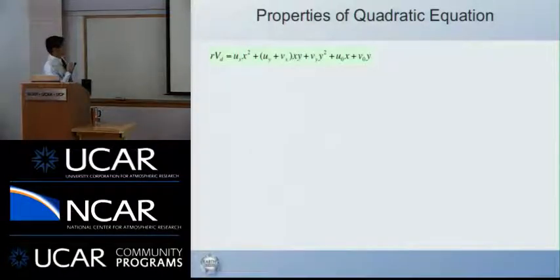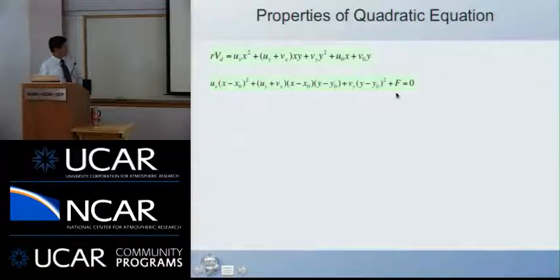Okay, let's look at the quadratic equation a little bit more. So R times Vd is in this form, and we can write it as this. So we merge the u naught and v naught, x and y terms into the second order term. So essentially, these 2 terms is a shift of location of this quadratic or the conical section.